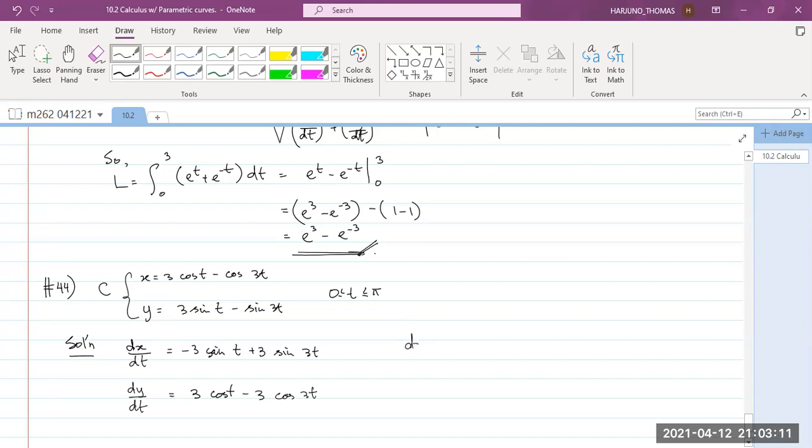So dx/dt squared plus dy/dt squared will be, you know what? Let me factor the 3 out. So it becomes 9 times (negative sine t plus sine 3t) squared plus 9 times (cosine t minus cosine 3t) squared. It's 9 because 3 squared.